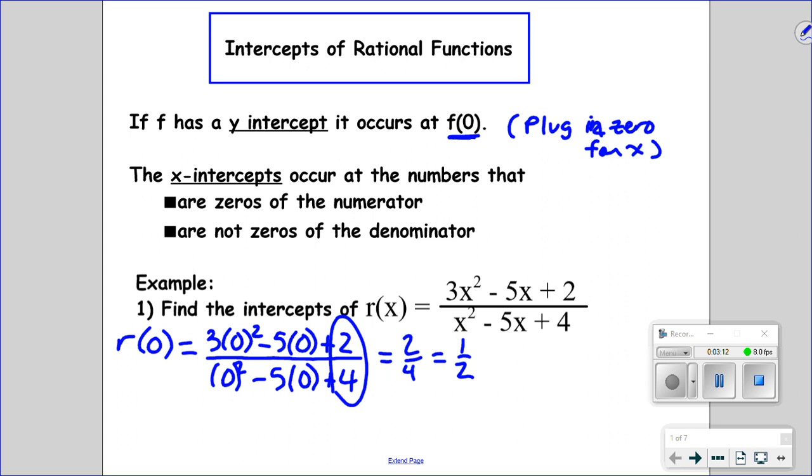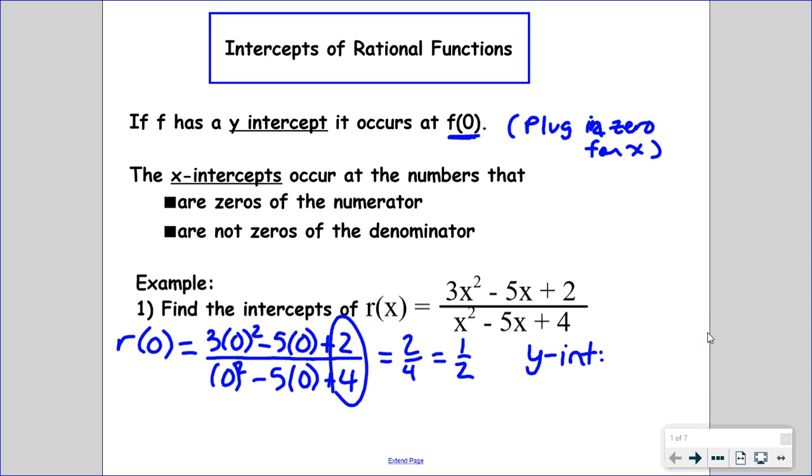So in this case, if we write the y-intercept as an ordered pair, remember, for any point on the y-axis, the x-coordinate is 0.